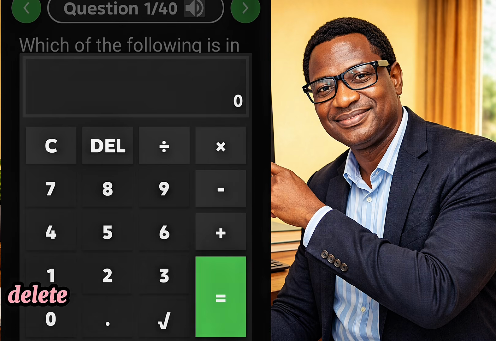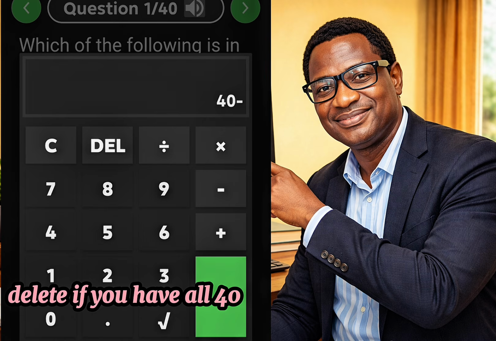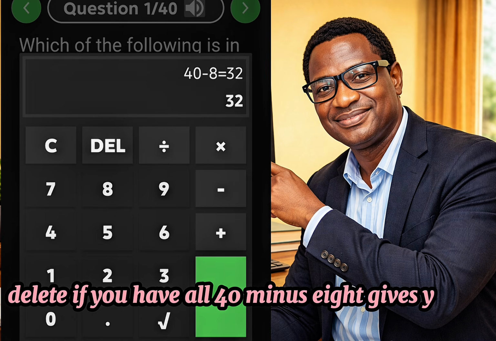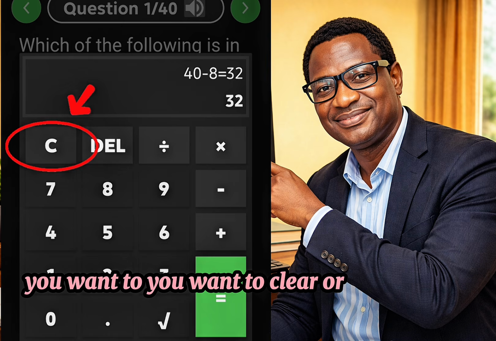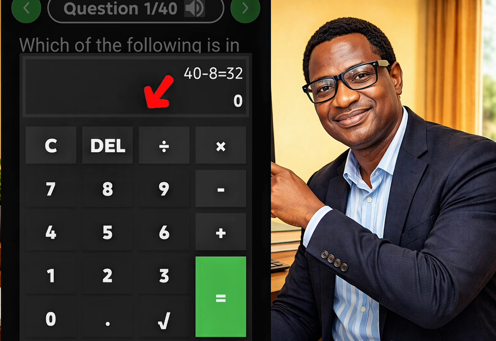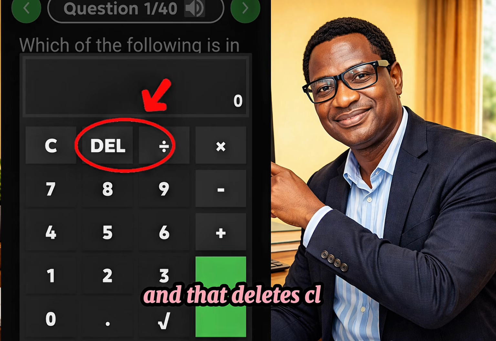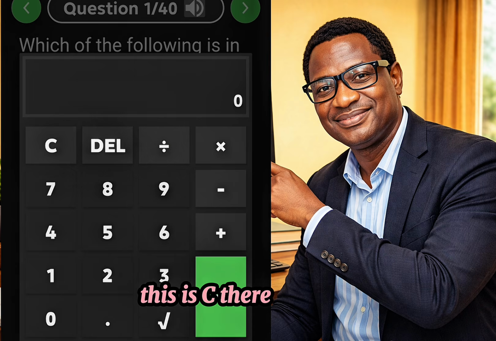Clear, delete. If you have 40 minus 8 gives you 32, and it's just that simple. You want to clear or you want to delete, and that deletes. Clear, this is C, DEL is delete.